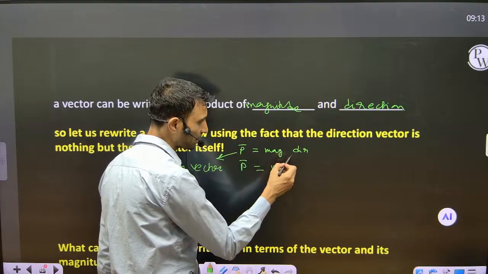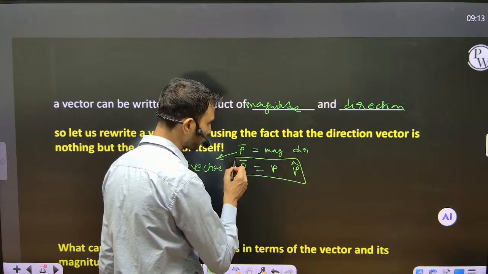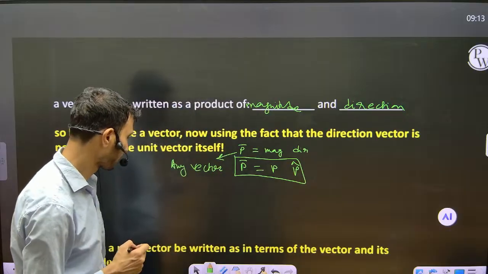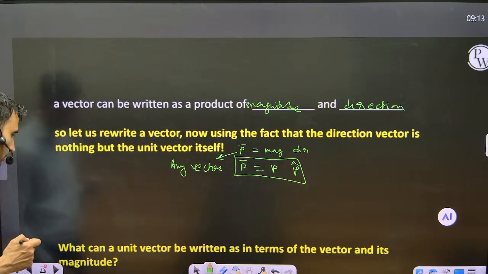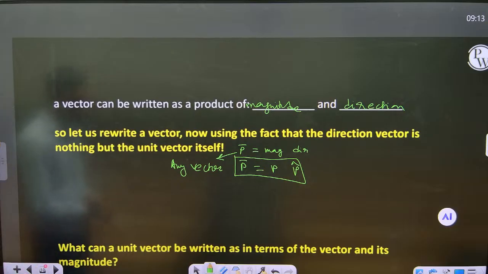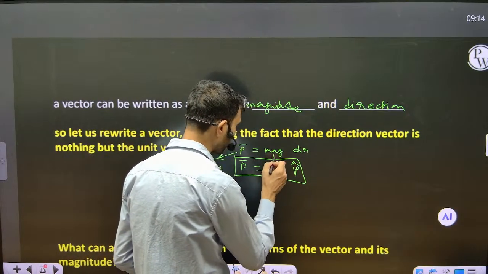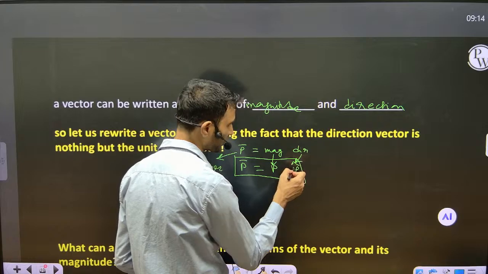It can just be written as p and direction is p cap. So p vector is equal to p into p cap, where p is the magnitude and direction is p cap.